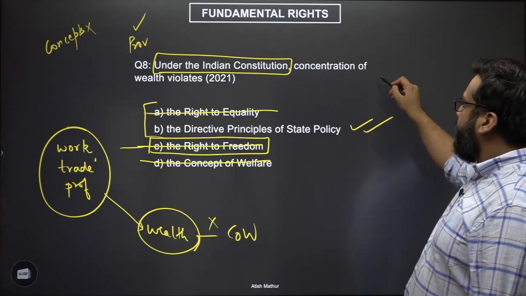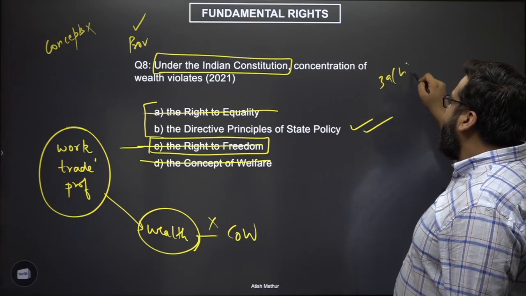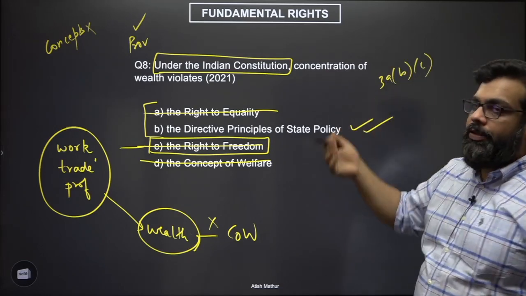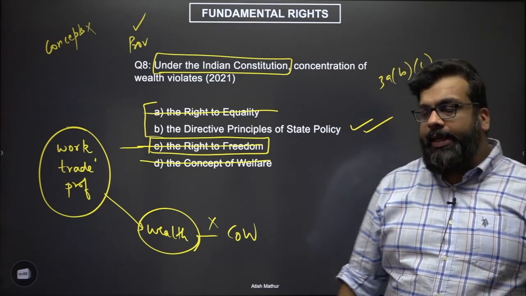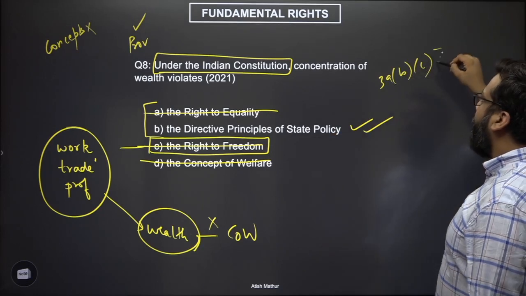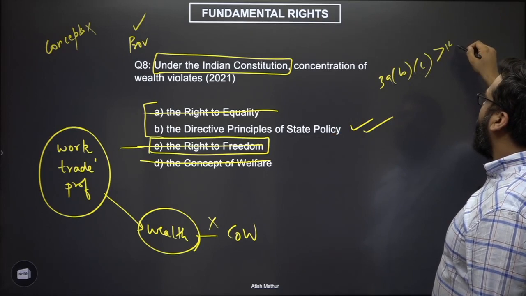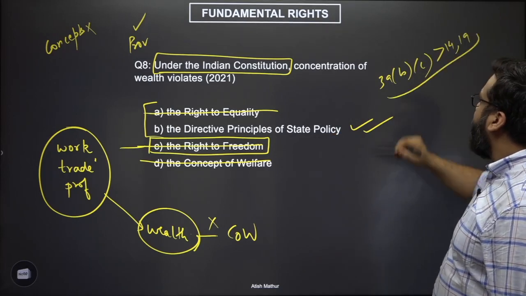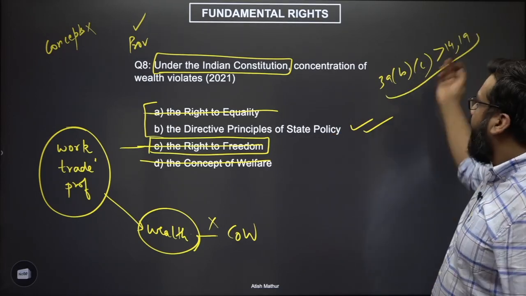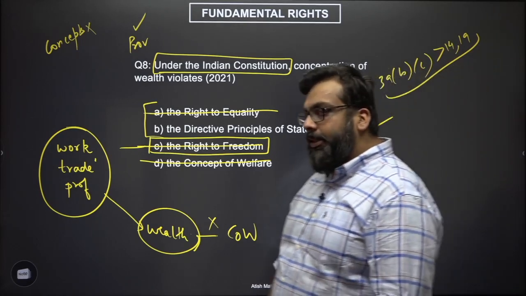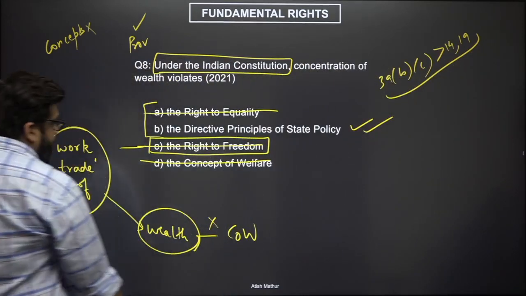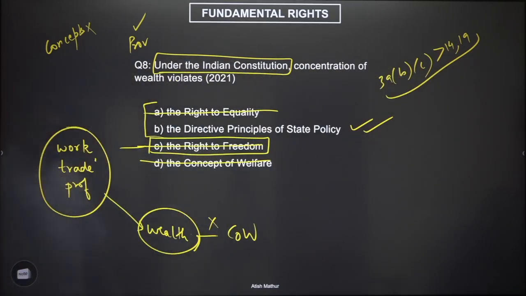In fact, 39B and C is often used in the context of a relationship with fundamental rights, that 39B and C are the only two directive principles which are superior to 14 or 19 if these are the only two obstructions as per the Minerva Mills judgment. So this is a question that can be solved. The answer is, of course, B.